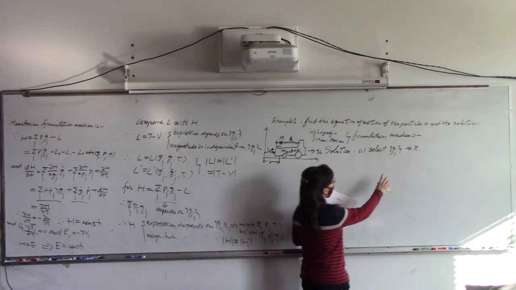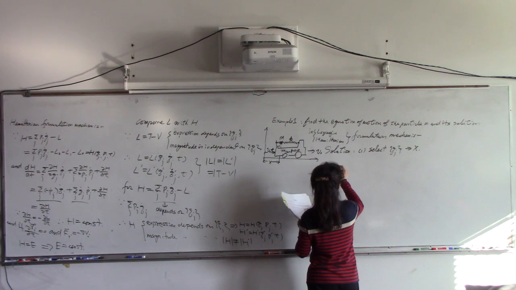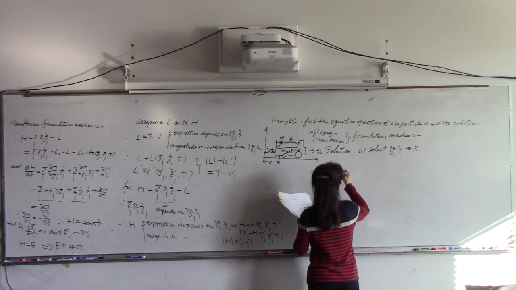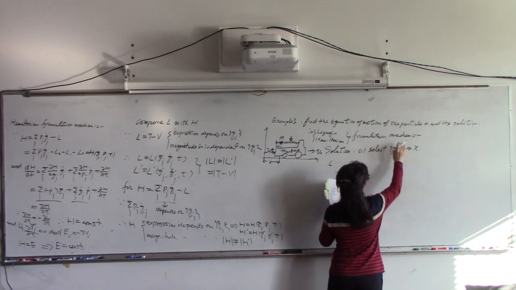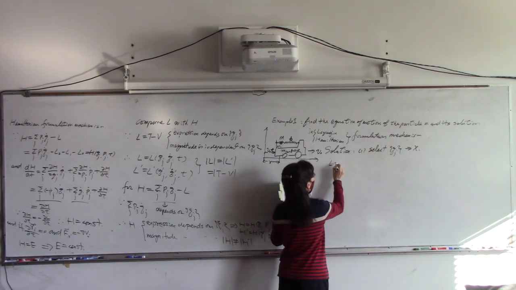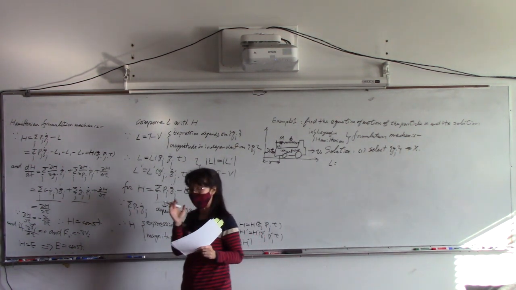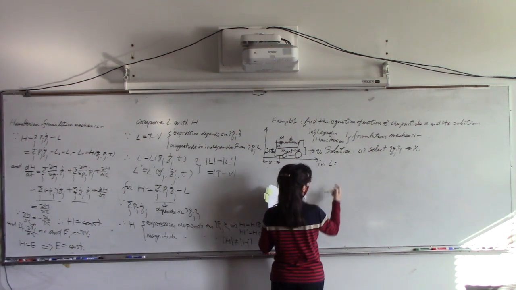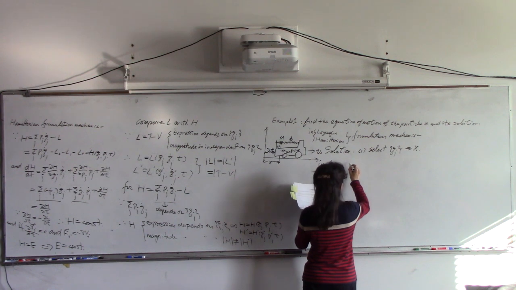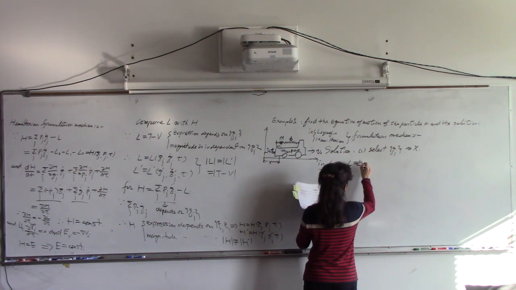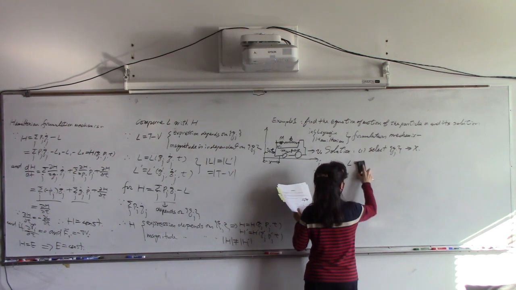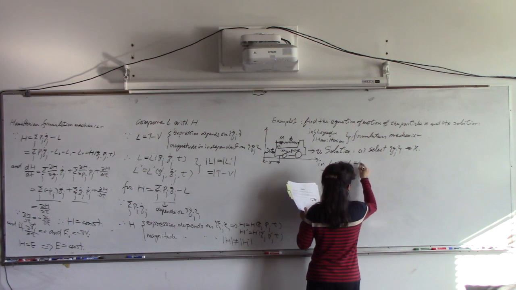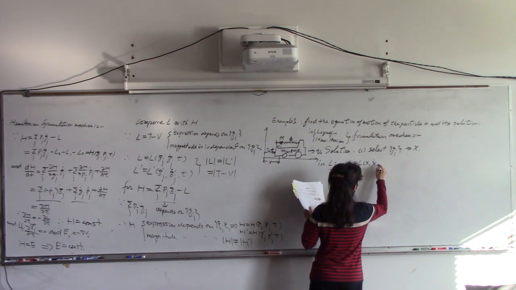So if we select x, now first, I do not write this too much, I just say L. So that means in the Lagrangian formulation mechanism, we first need to write the Lagrangian, which is a function of x, x dot, and t, right?